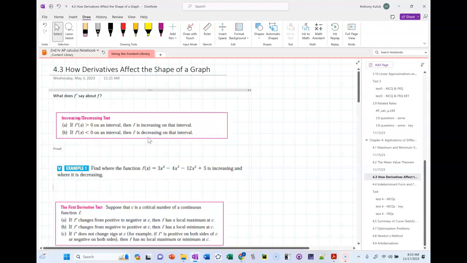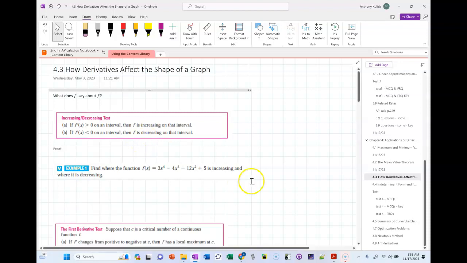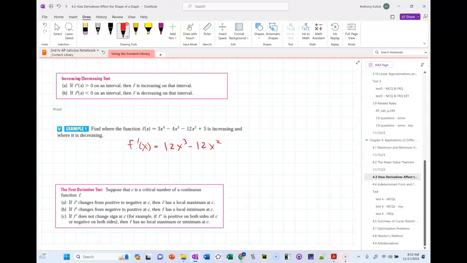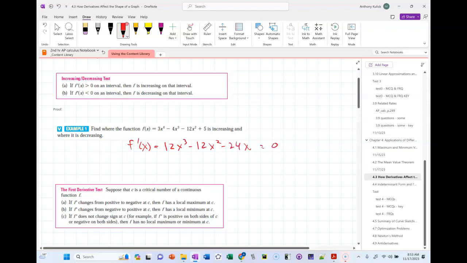So if I wanted to figure out where a function is increasing and decreasing, what am I going to do? I'm going to take the derivative, set that equal to 0.